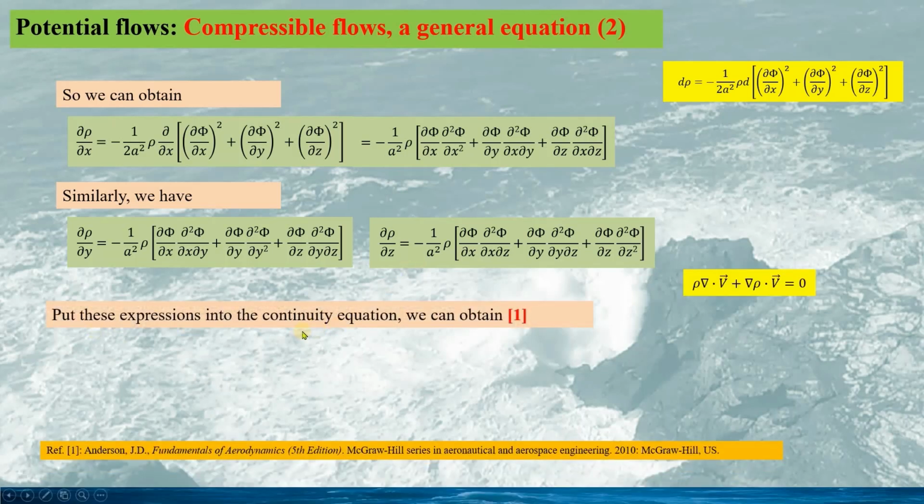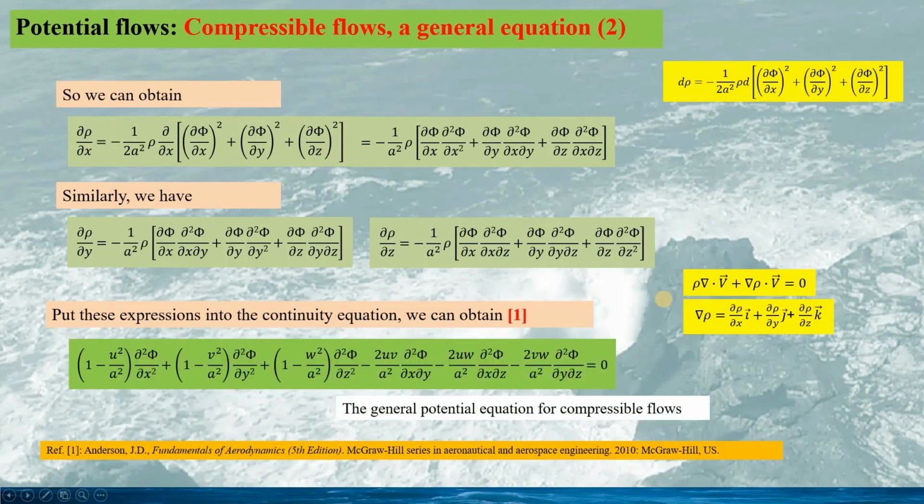If we substitute these expressions into the continuity equation here, we can obtain the general potential equation for compressible flows. Obviously, this potential equation is much more complicated than the Laplace equation for incompressible flows. And this equation is a nonlinear partial differential equation.